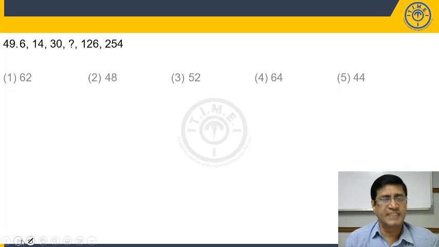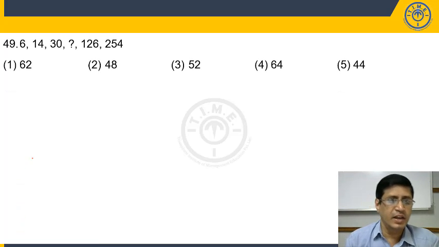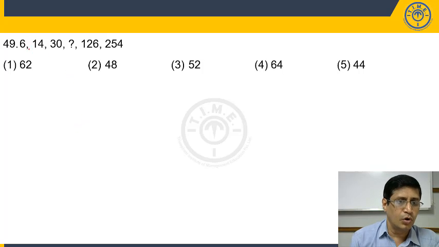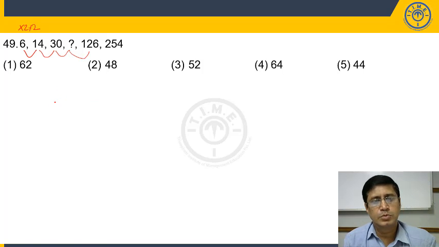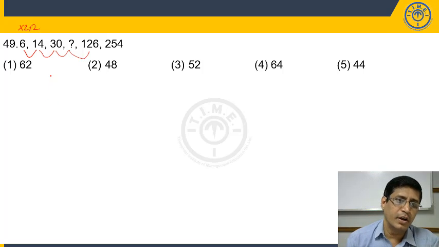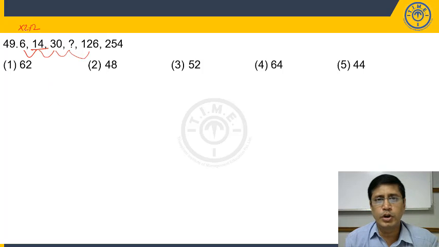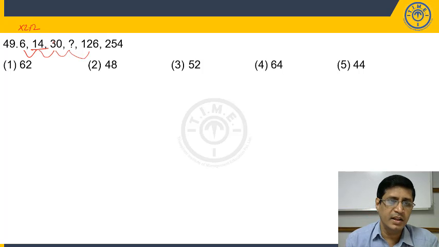Now look at the next example. 6, 14, 30, and so on. How are these related? If you observe carefully, each is 2 more than 2 times the number. 6 into 2, 12 plus 2, it is 14. 14 into 2, 28 plus 2, 30. 30 into 2, 60 plus 2, 62.